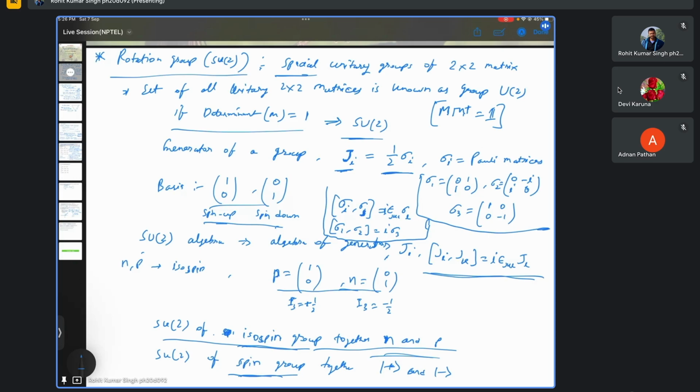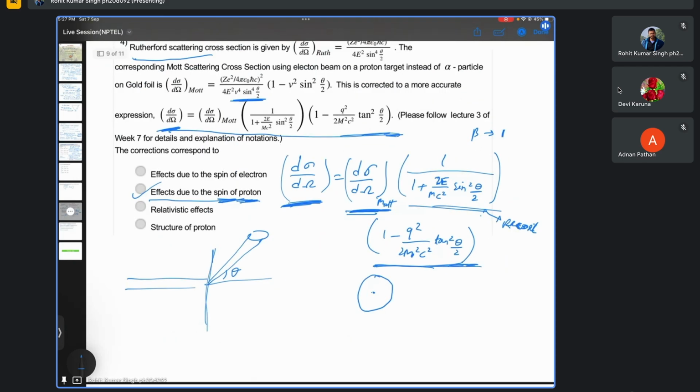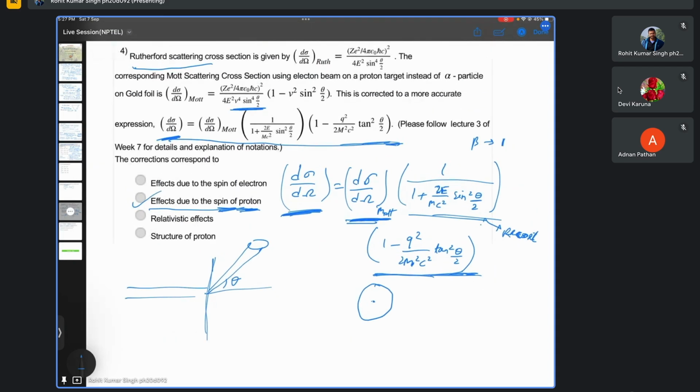But the thing is, from the last 2 weeks, I cannot see which kind of problem I can give. Here you have these big formulas, but these are not derived, or anything detailed has not been told in the lecture.